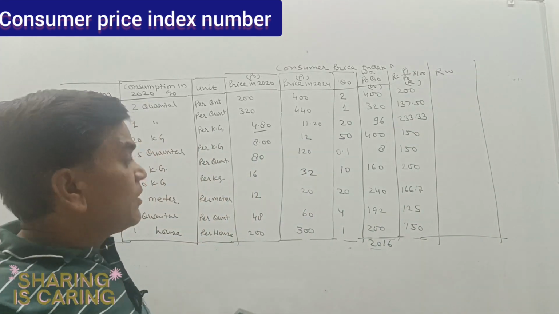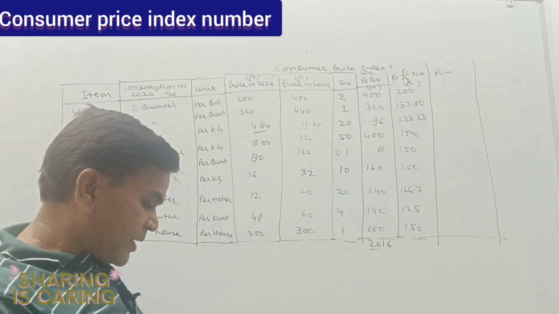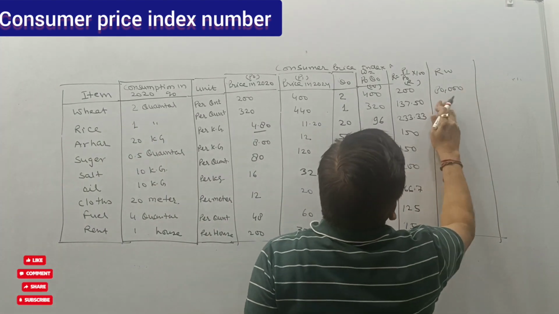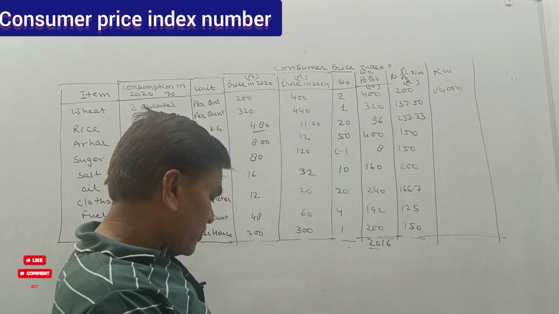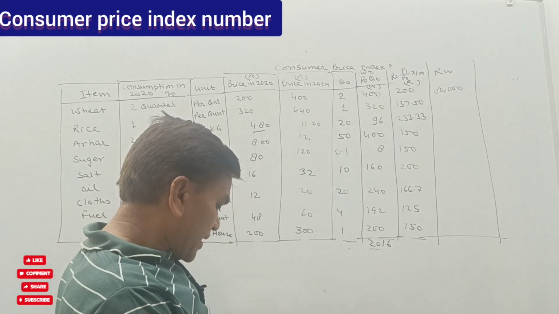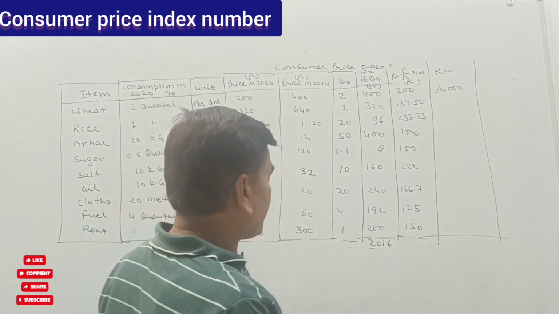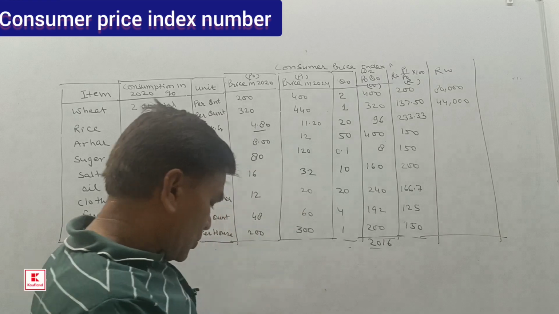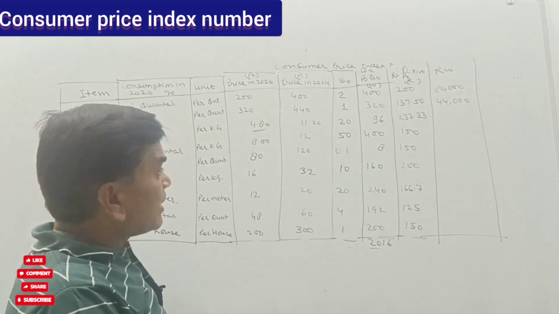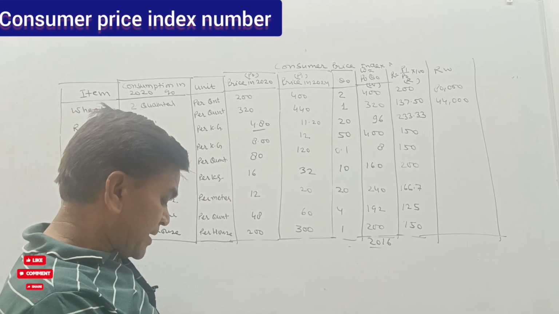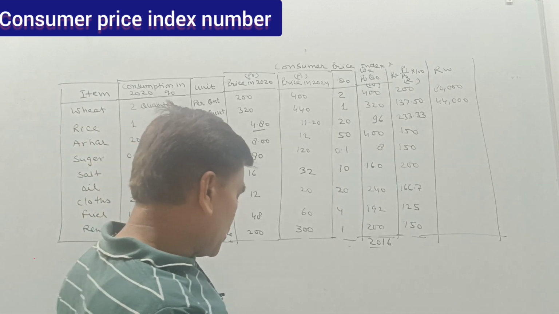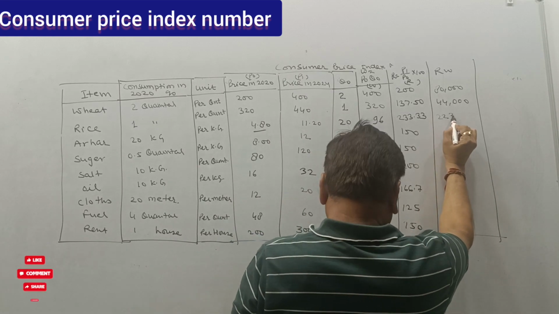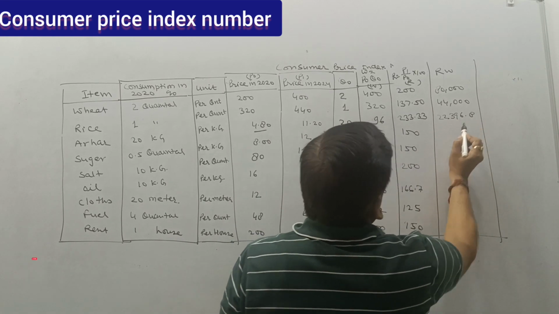First one is 400 multiplied by 200, that is 80,000. Now 320 multiplied by 137.5, that is 44,000. Now 233.3 multiplied by 96, that is 22,396.8.